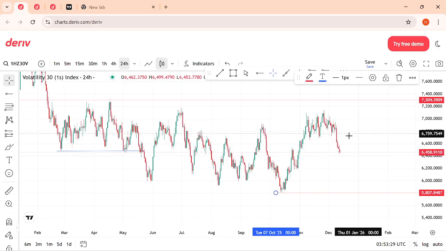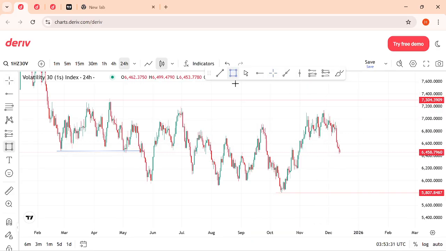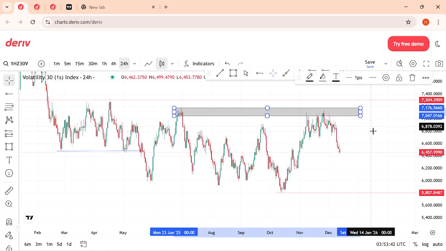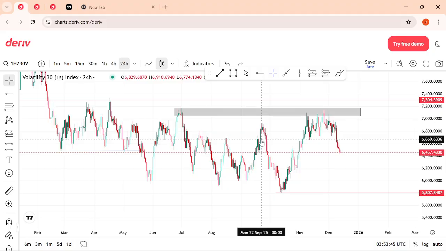At the current price point, we have this area of resistance which is respecting this order block. This also, you can call it an area of resistance too, which is respecting this area of resistance, which makes sense.